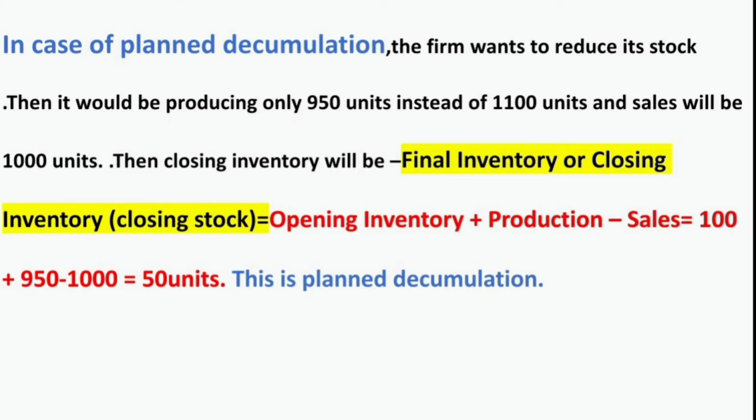What is opening stock? 100. Production only 950 units minus sales as it expected 1000 units. So 100 plus 950 minus 1000, instead of 200 units, it will be only 50 units. This is planned decrease, planned decumulation.